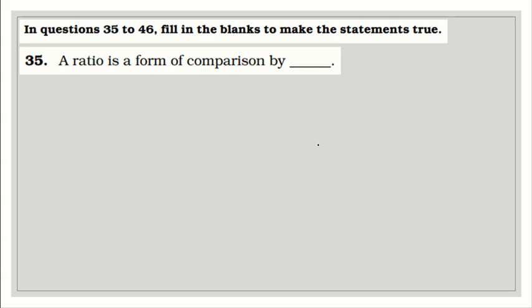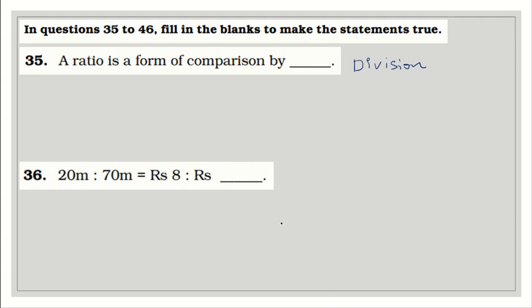So question number 35 is, a ratio is a form of comparison by division. So ratio is comparison by division, as we discussed earlier. So the right answer is by division. Question number 36. 20 meters is to 70 meters is equal to rupees 8 is to rupees dash.